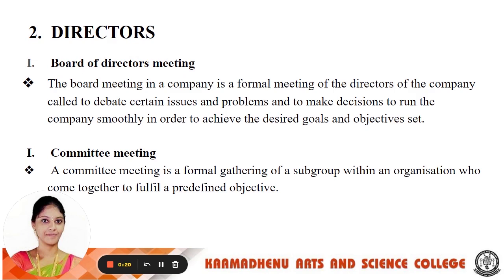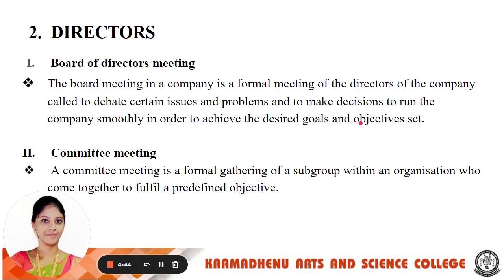Next, we are coming to the directors. The second main division is directors. In that, the first subdivision is the board of directors meeting. The board meeting in a company is a formal meeting of the directors of the company, called to debate certain issues and problems and make decisions to run the company smoothly in order to achieve the desired goals and objectives set.